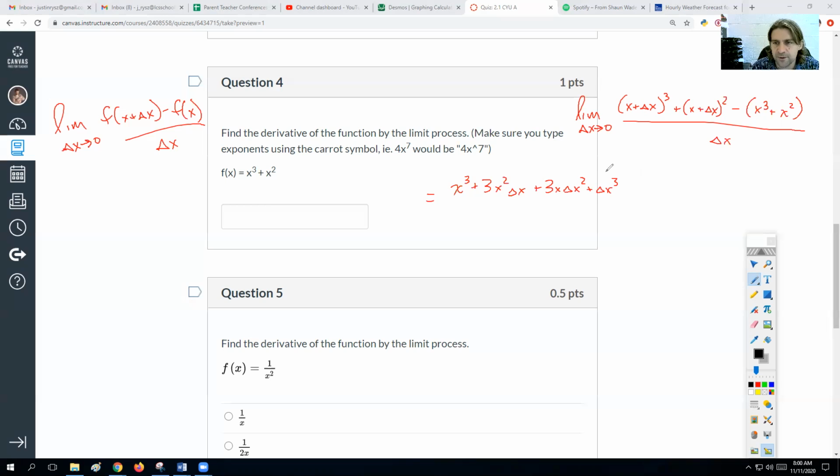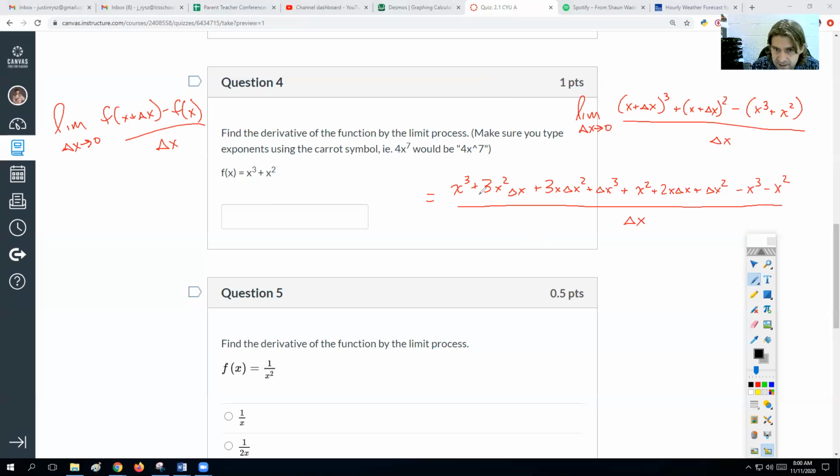That's just this, FOILed out, or distributed multiple times. All right, then plus x squared, x plus delta x squared, so that'd be plus x squared plus 2x delta x plus delta x squared. And then we have minus x cubed minus x squared all over delta x.